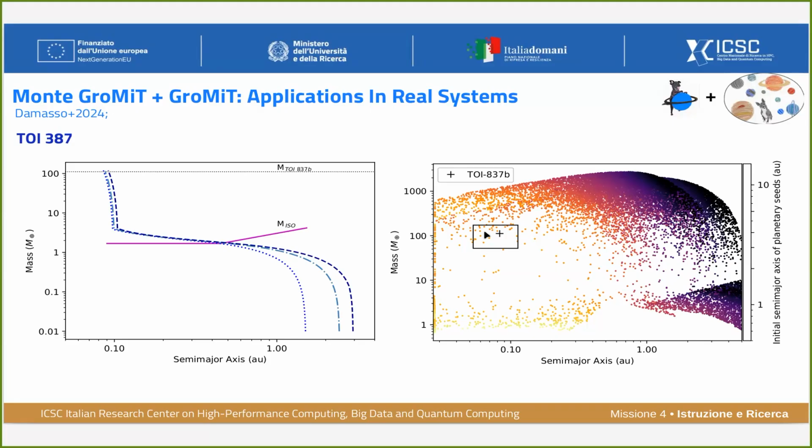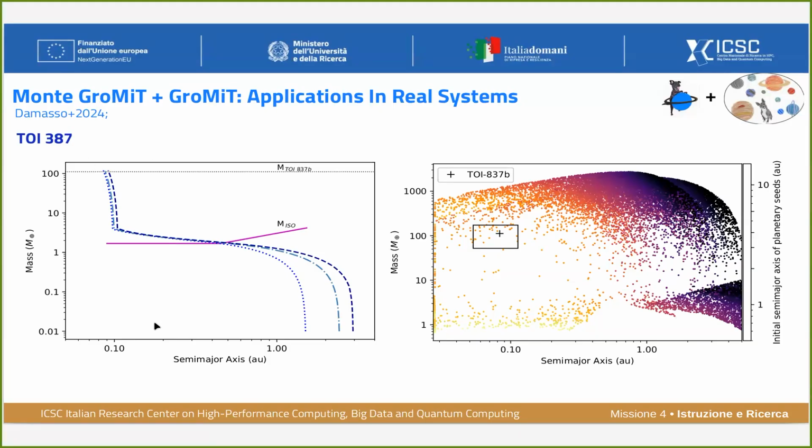And then once you have your final population synthesis plot, depending on the mass of the observed planets and the error bars, this is basically the error bars of the measurements for the location of the planet and its mass as measured. You can see several solutions of possible tracks that the planet might have used in order to arrive at its final mass.